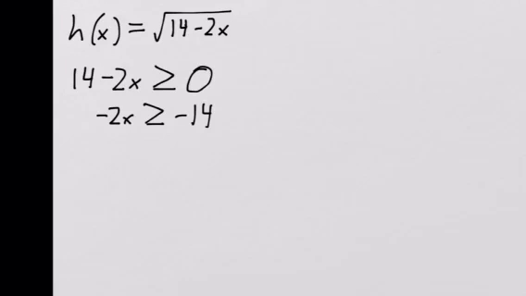And when we do that, one of the rules we have in mathematics is that the direction of an inequality sign has to change. So we get x is less than or equal to negative 7. So our domain up here is going to be negative infinity to negative 7.